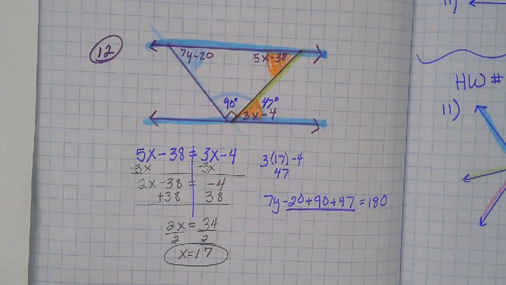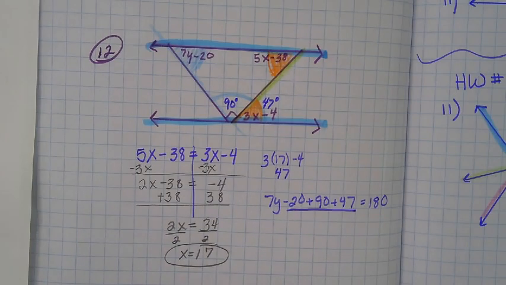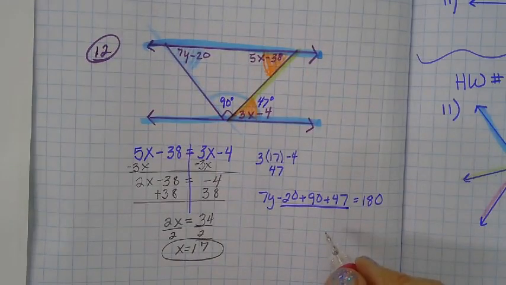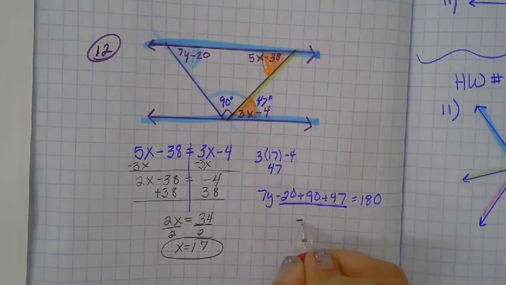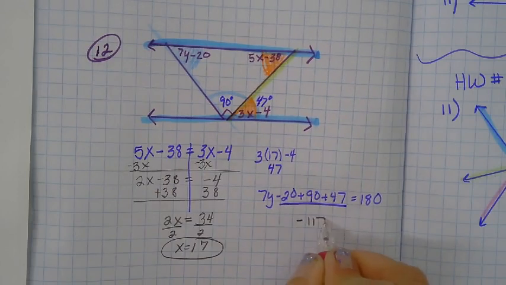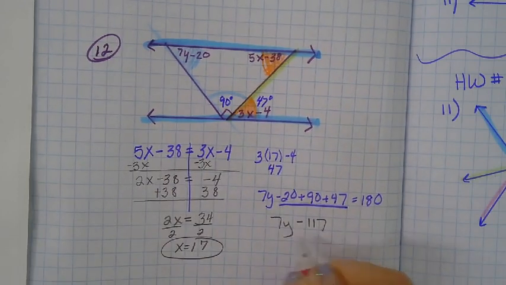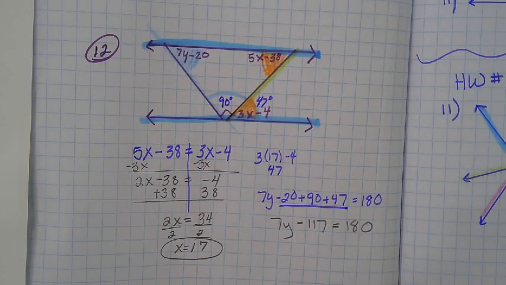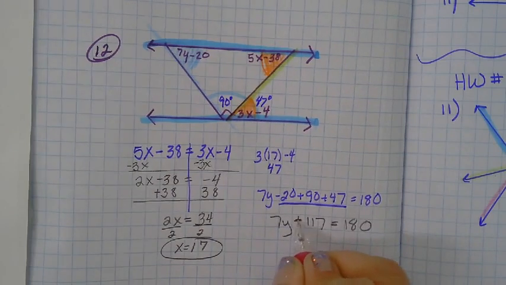All of these are like terms. The minus 20 plus 90 plus 47. So let's combine all those together. And what do you get? Negative 117. Is that what it is? Positive 117. Thank you.